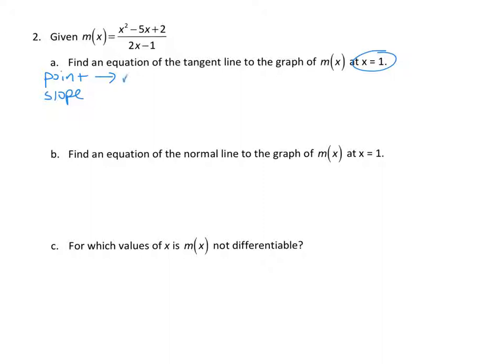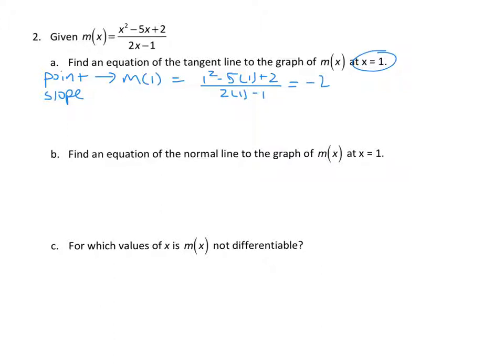So that's going to be m of 1. And so that will be 1 squared minus 5 times 1 plus 2 over 2 times 1 minus 1, which equals -2.